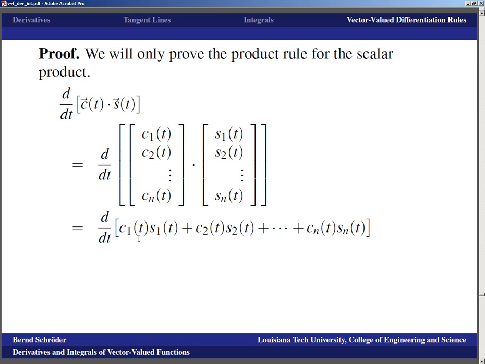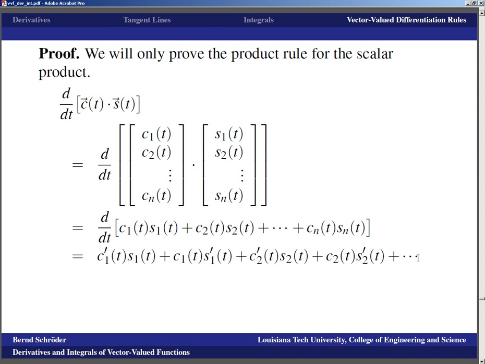And we can take the derivative of that, because the derivative of c1 s1 is just the scalar-valued product rule, so that's c1' s1 plus c1 s1', plus the derivative of this one would be c2' s2 plus c2 s2', and that keeps going like that until we take the derivative of cn sn, which is of course cn' sn plus cn sn'.